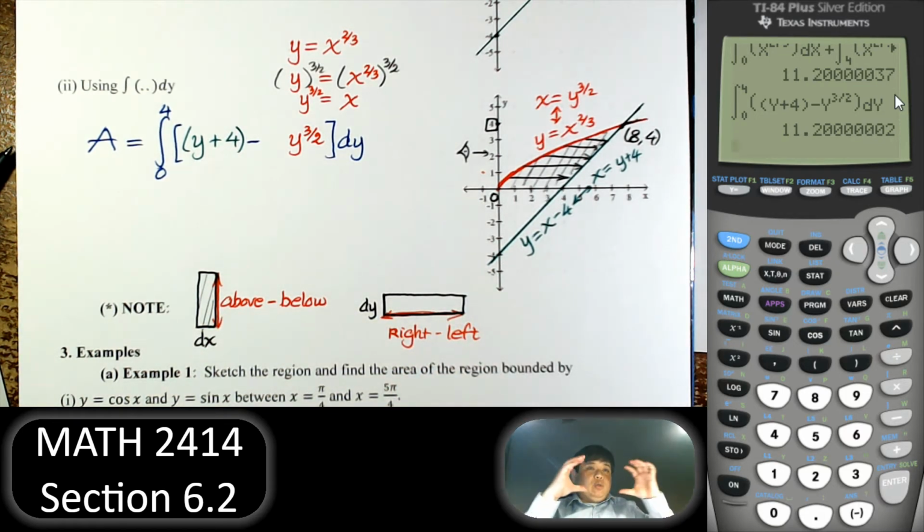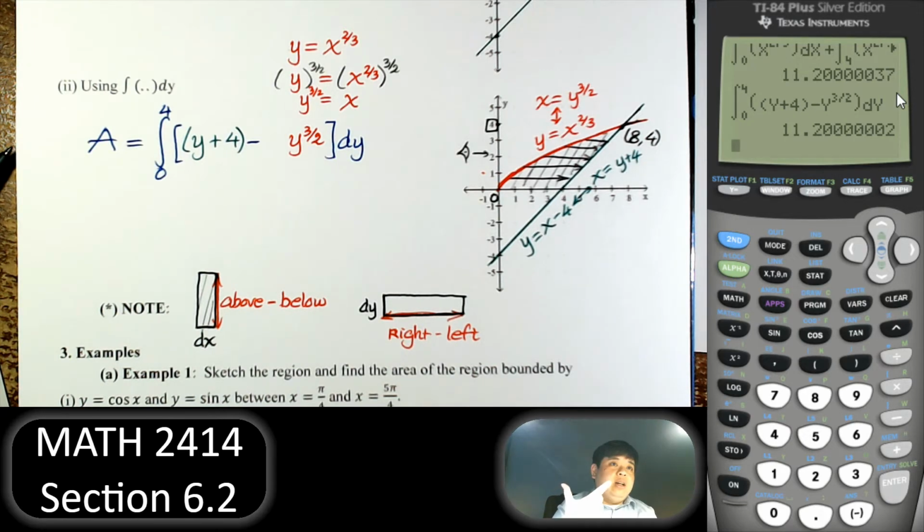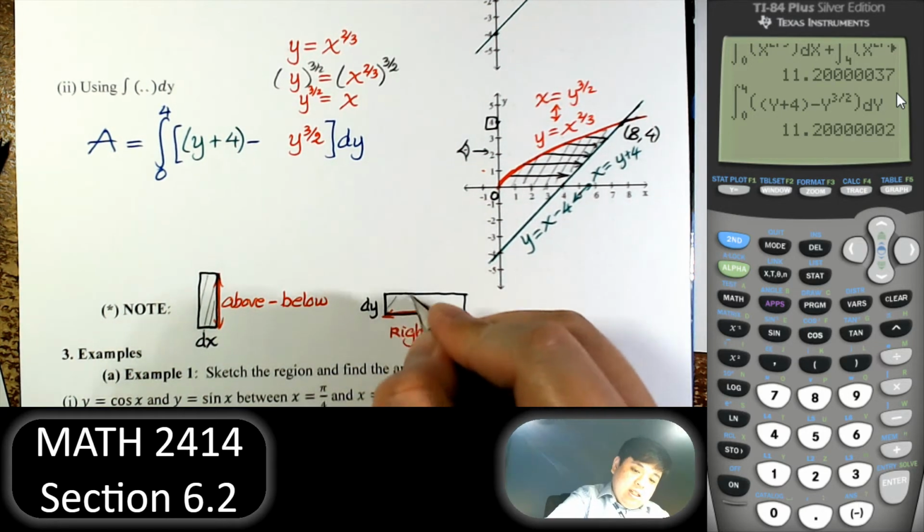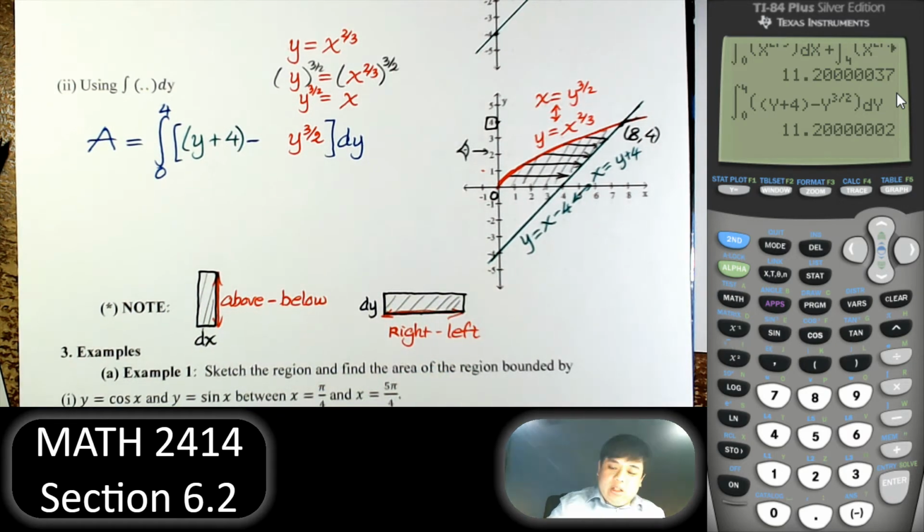So pretty much we try to get the area. Let's think about that like the area of rectangles. If we have dx, we need a vertical component. If we have dy, we need to have the horizontal component of it. The horizontal component, right minus left. The vertical component, upper function minus lower function. So that's how we get the area between two curves.